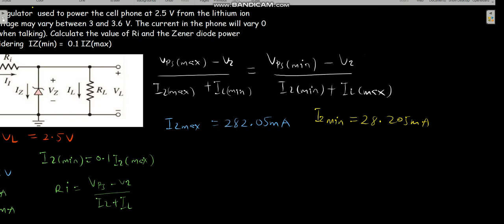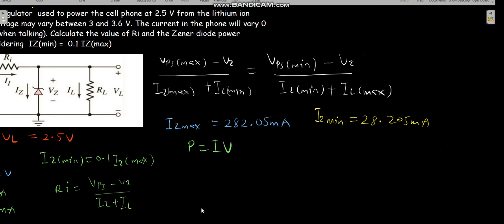Now that you know the Iz max and the Iz minimum, let's find the power dissipation in the Zener diode. In this case you have the maximum power dissipation and the minimum power dissipation, so let's find both of them. You are going to use the formula power equals current times voltage.